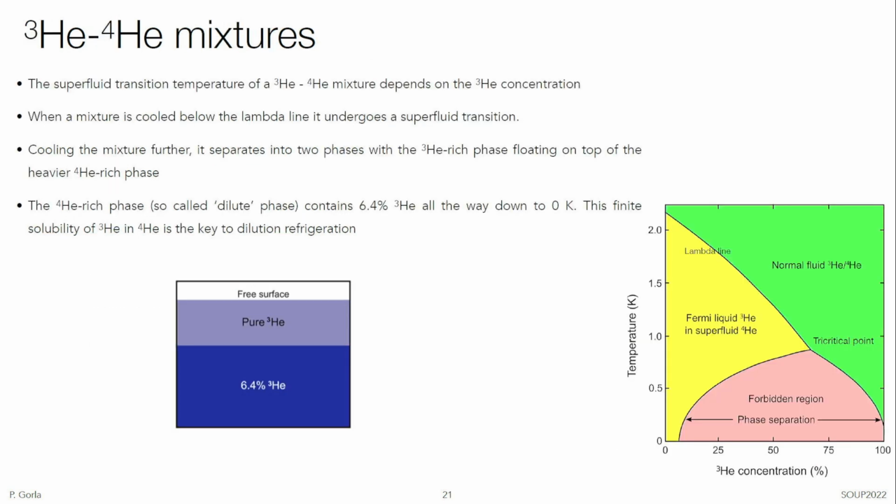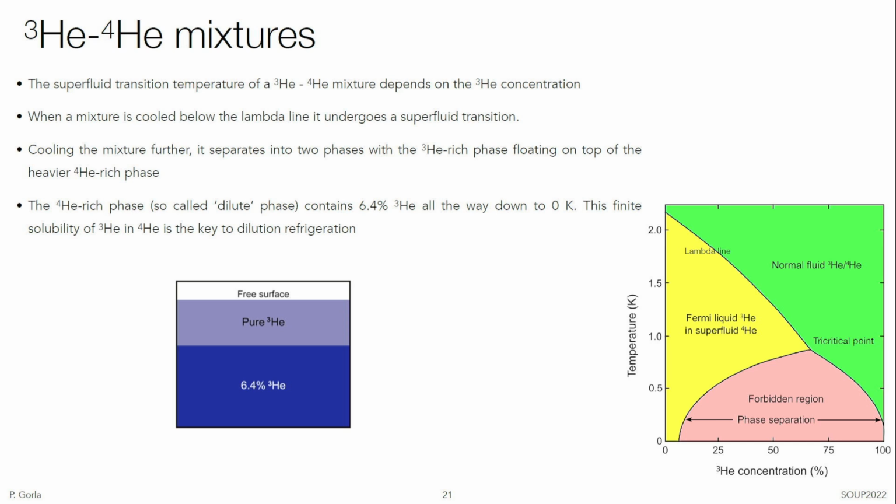What happens at very low temperature is that helium-4 becomes superfluid while helium-3 does not, because helium-3 becomes superfluid only at extremely low temperature, a few below 3 millikelvin.